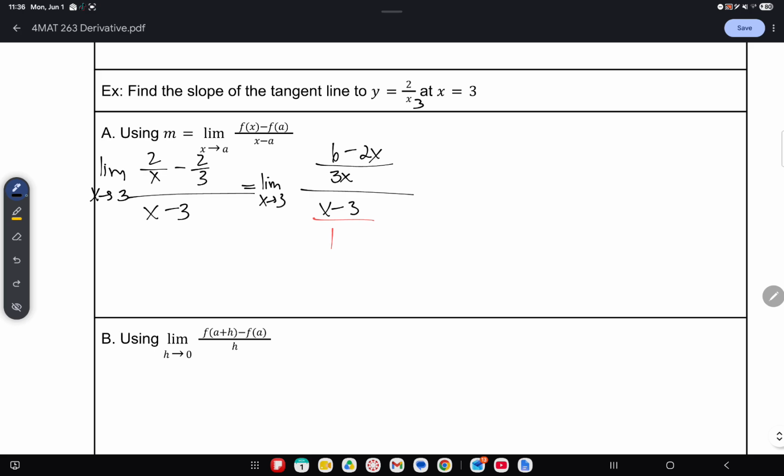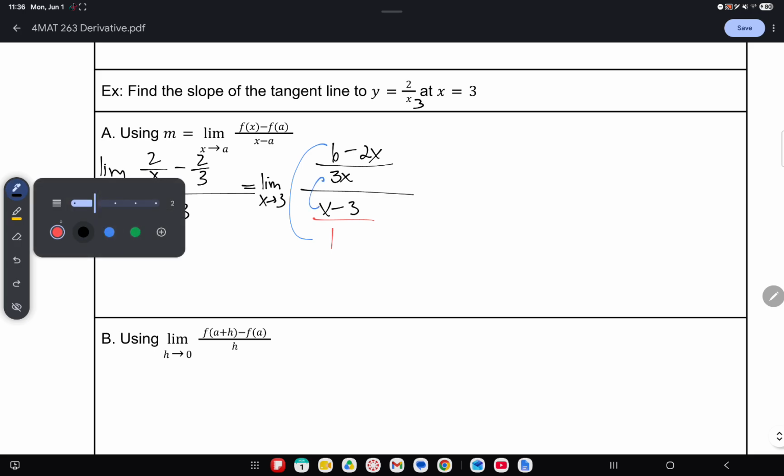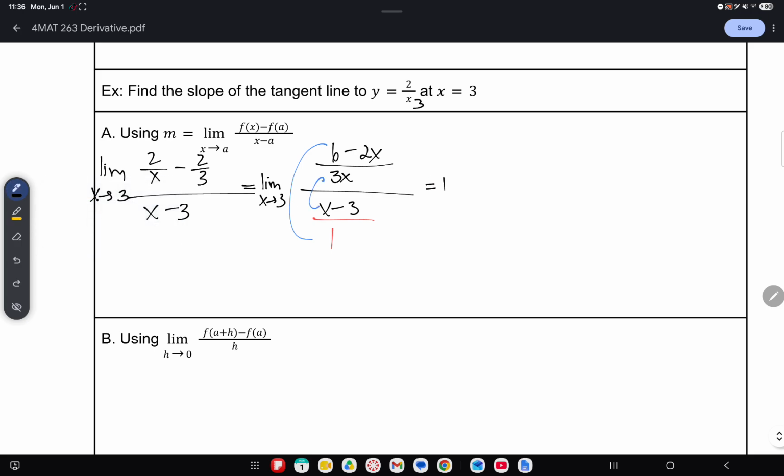Okay, then I can do my big C over little c. So limit as x goes to 3, big C is 6 minus 2x times 1. I'm going to go ahead and factor out a negative 2, and you'll see why. So I'm left with negative 3 plus x.